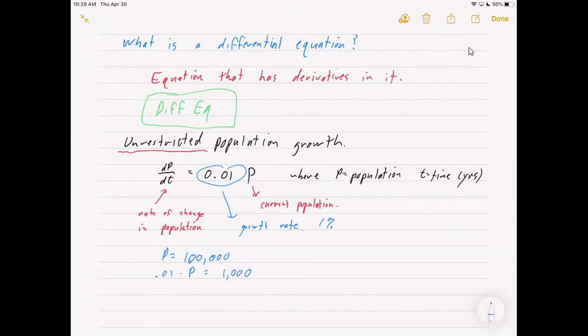Now, what would happen though is the next year, so by year 2, you have 101,000 people. So the growth to year 3 will be slightly bigger because you had more people in the population after year 2. And so this will lead to a rate of growth that gets ever bigger, which we know as exponential growth. Right? We'll see in a couple of days why that actually is exponential growth.